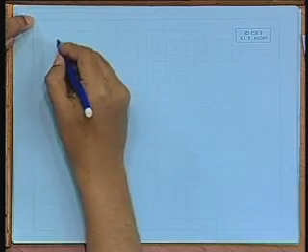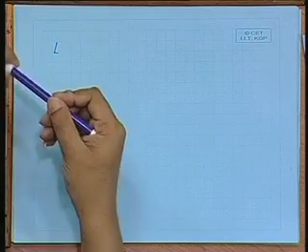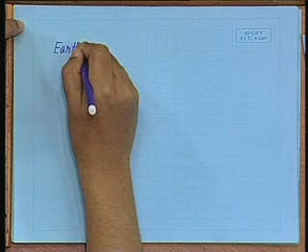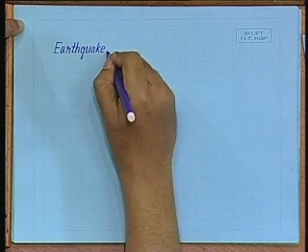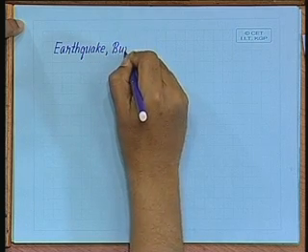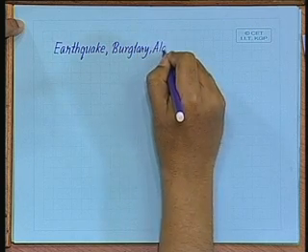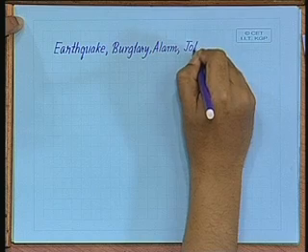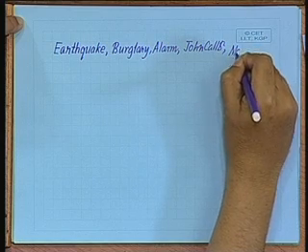Suppose we look at the other ordering, the ordering that we are going to look at is earthquake, followed by burglary, then alarm, so this is exactly the opposite of what we took last time, followed by Mary calls.